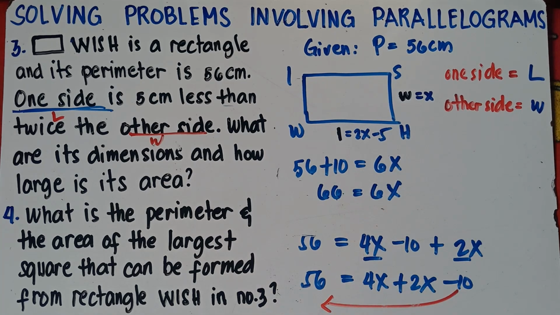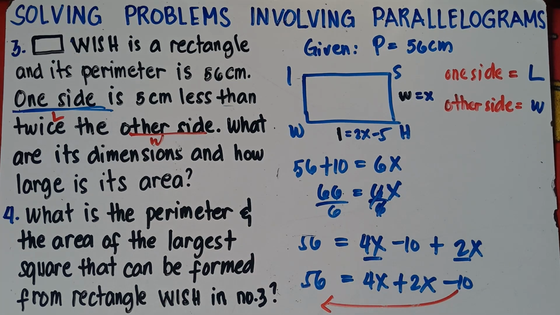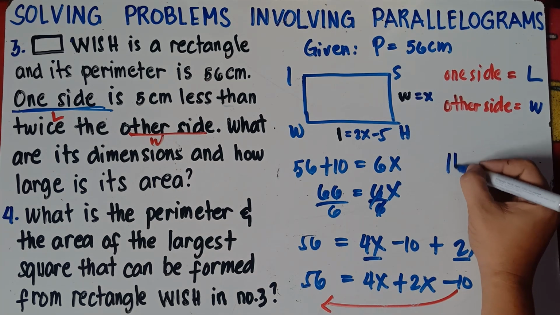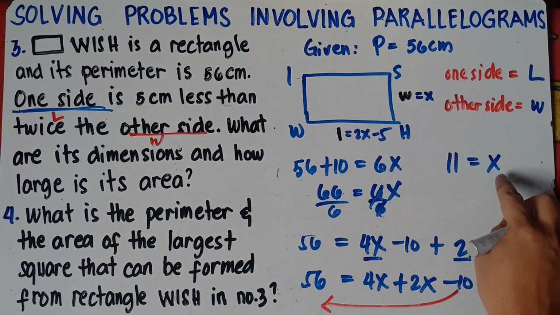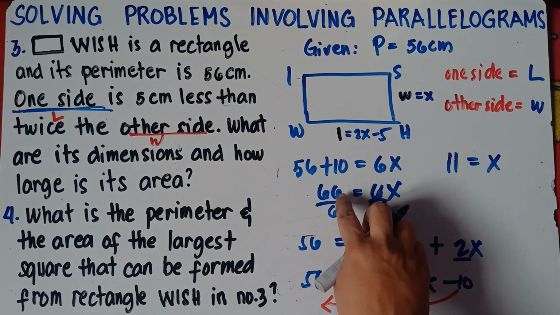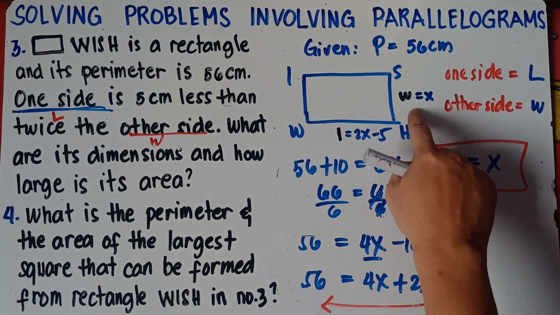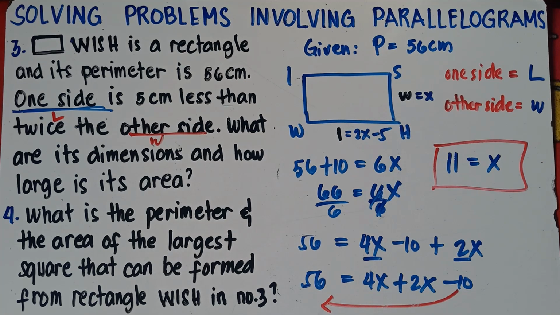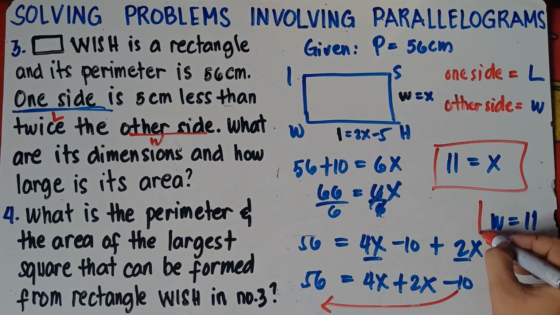To get the value of x, you divide both sides by 6 and cancel this out. 66 divided by 6 is 11, equals x. So 6 divided by 6 is 1, or x, then 66 divided by 6 is 11. That's the answer for the x value. And x is the width, so our width is equal to 11.